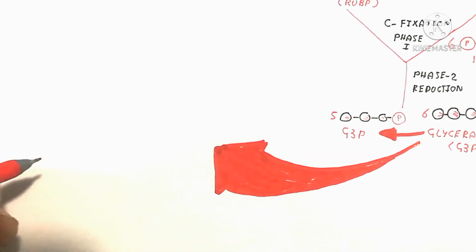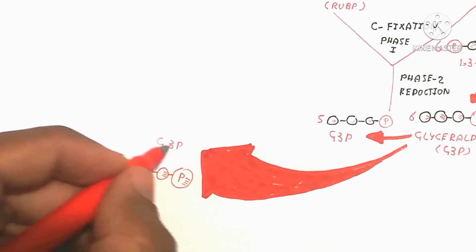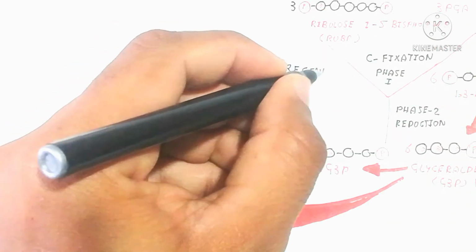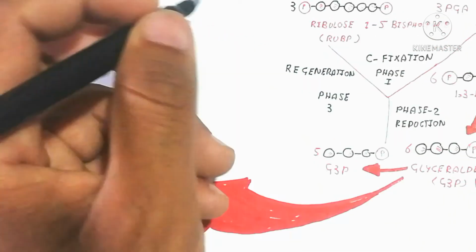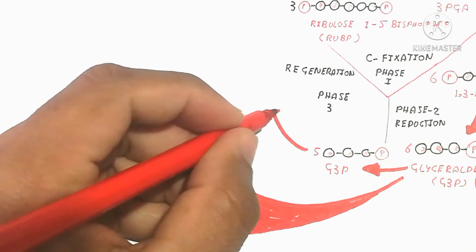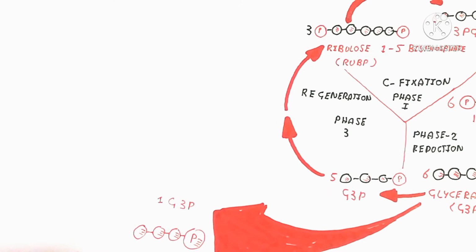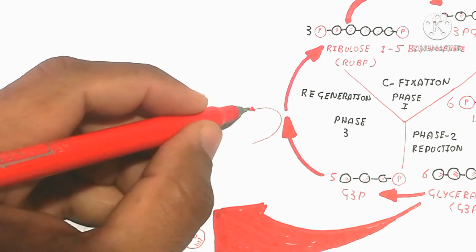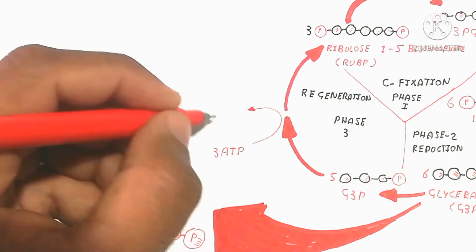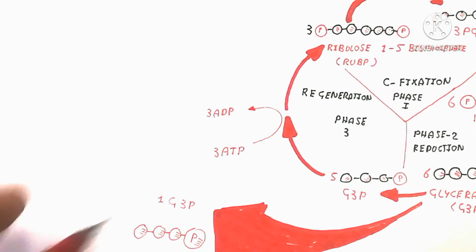So here I am drawing that one glyceraldehyde 3-phosphate will be separated, and the other 5 molecules will be used, with 3 ATP into 3 ADP, to convert back to 3 ribulose 1,5-bisphosphate.